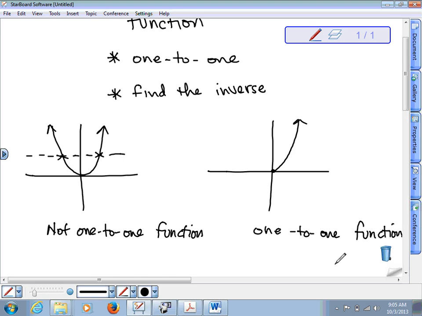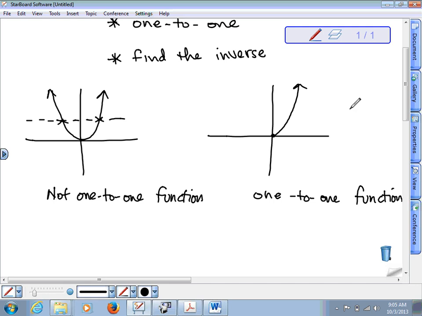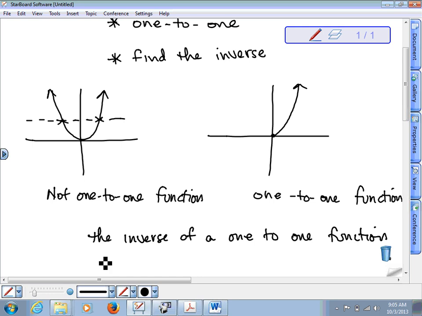Now, why does it matter if a function is one-to-one or not? I mean, it's not a huge deal. But this is the important thing about being one-to-one. The inverse of a one-to-one function is also a function.